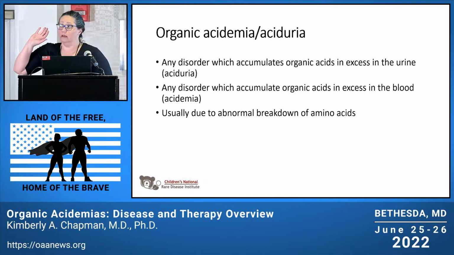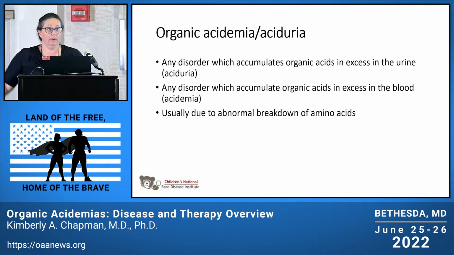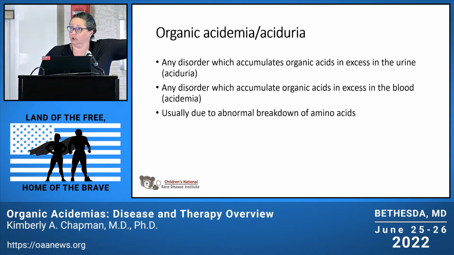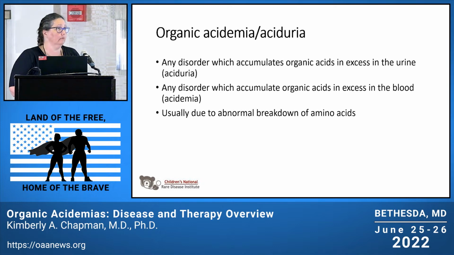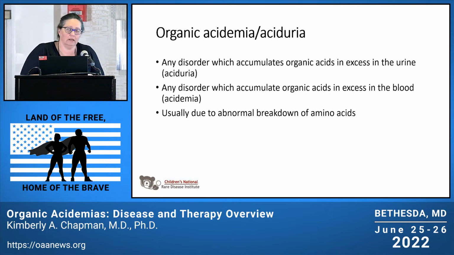So if you start looking in the 1961 paper versus a paper that's published this year, you will see a migration over time because we can measure organic acids in the blood much more effectively than we could 10 years ago, 20 years ago, 30 years ago, 40 years ago, 50 years ago. And almost all the metabolic organic acidemias and acidurias are due to an abnormal breakdown of amino acids. Different ones have different amino acids.